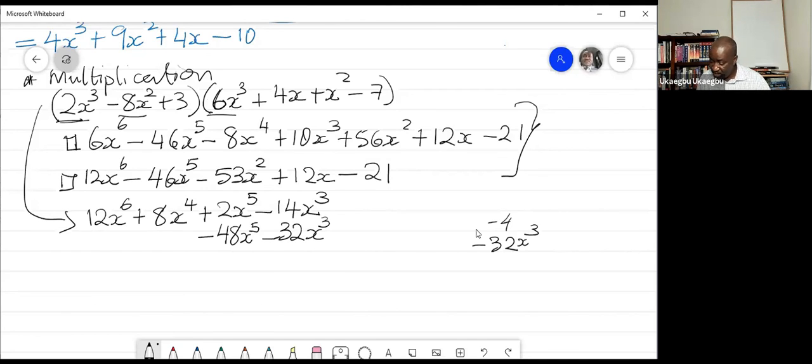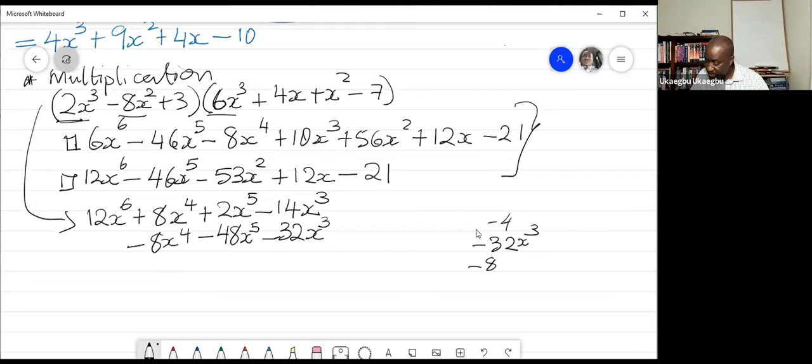Then we go again. 8 times 1 is 8, so it's negative, you have negative 8. In terms of power, x squared times x is x raised to power 4. So we have negative 8x to power 4.